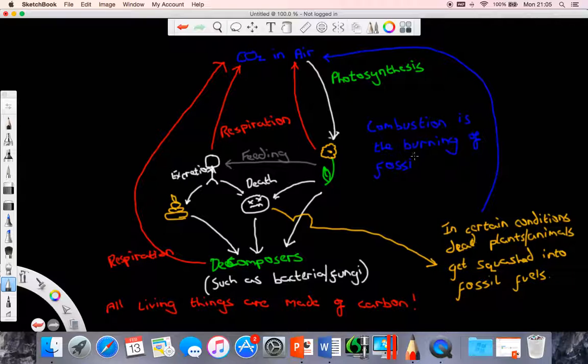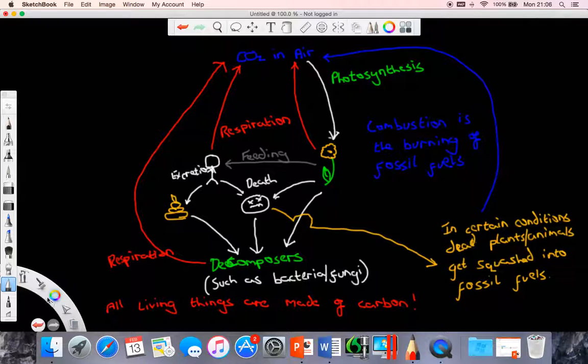So if we burn these fossil fuels, the carbons that were in these organisms when they died and they got squashed is released. If we burn things like ethane, methane, things like that, what we get is we get carbon dioxide produced, which is released into the air.